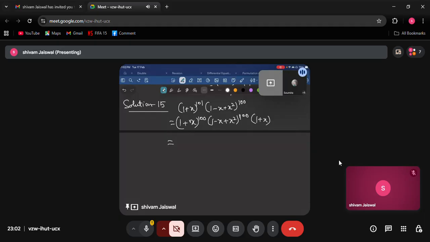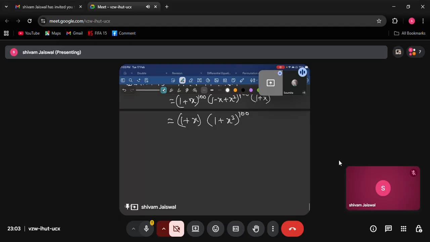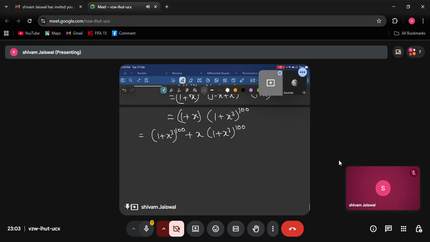This becomes 1 plus x into 1 plus x cube whole to the power 100. This can be written as 1 plus x cube whole to the power 100 plus x into 1 plus x cube whole to the power 100.